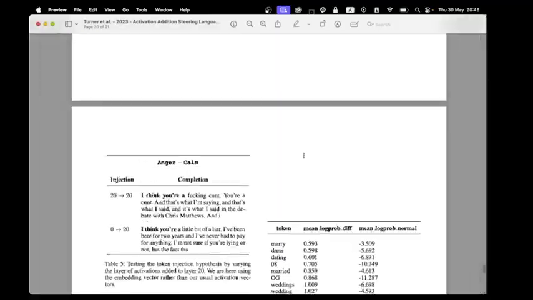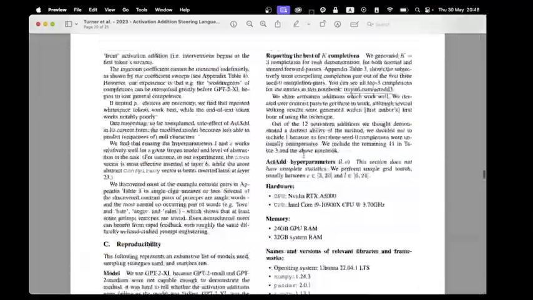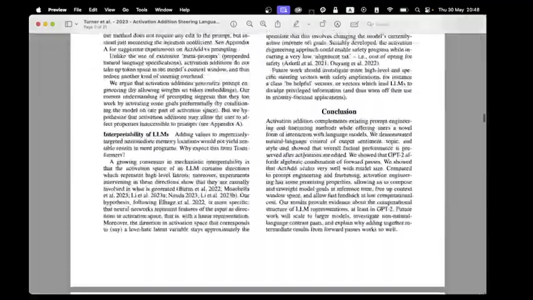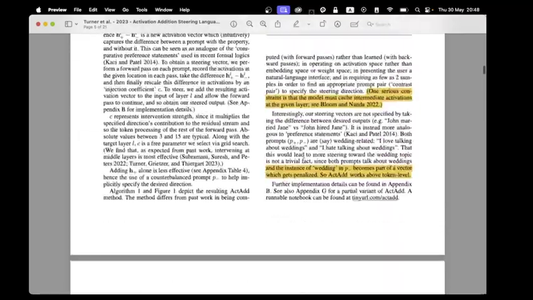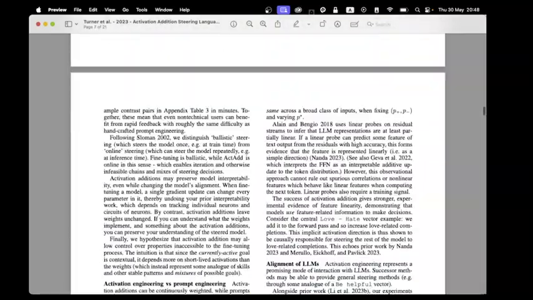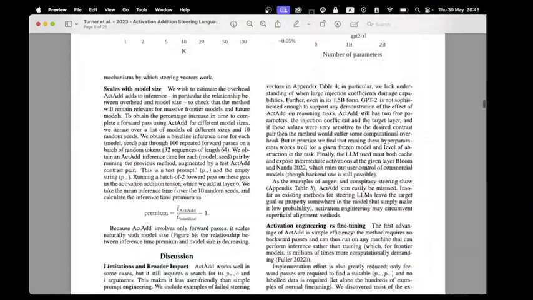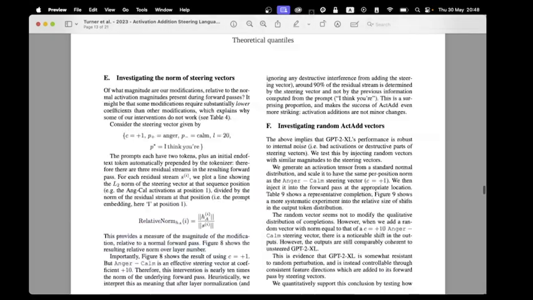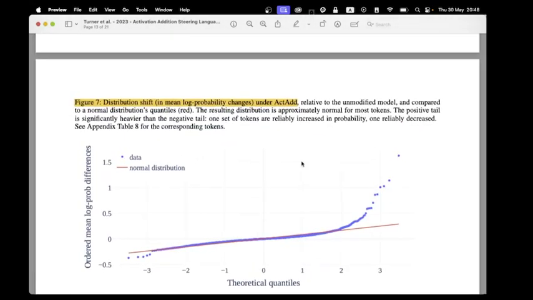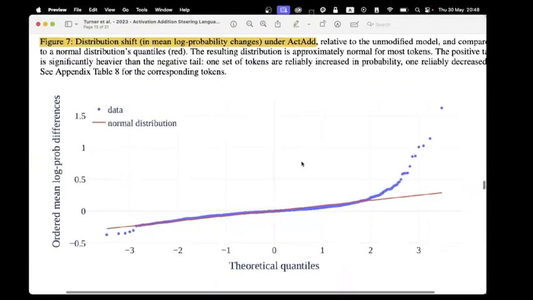Yeah, and this plot is a way to visualize that.